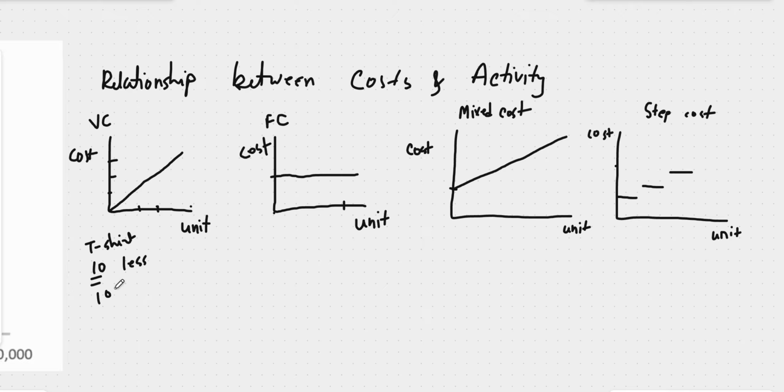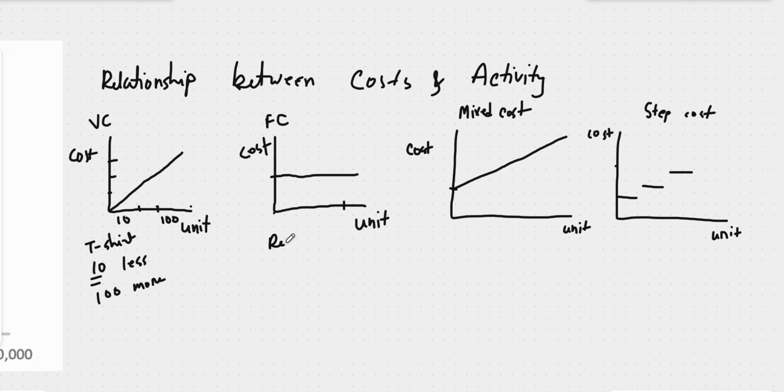If you are producing 100 t-shirts, of course, your cost will be more, which says that from 10 units to 100 units, your cost will increase exponentially. Okay, fixed cost is a type of cost that you have to pay. It doesn't matter if you're producing 10 t-shirts or you're producing 100 t-shirts. Your fixed cost is going to be fixed.